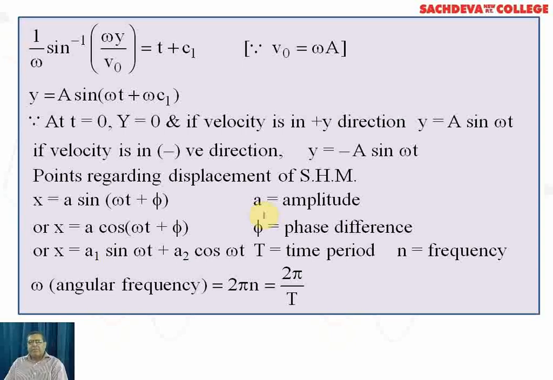Similarly, if the particle is moving from a point in the first quadrant and the motion terminates at another point in the second quadrant, then we will again get the equation of SHM. Now here in the last equation, x is equal to a1 sine omega t plus a2 cos omega t.